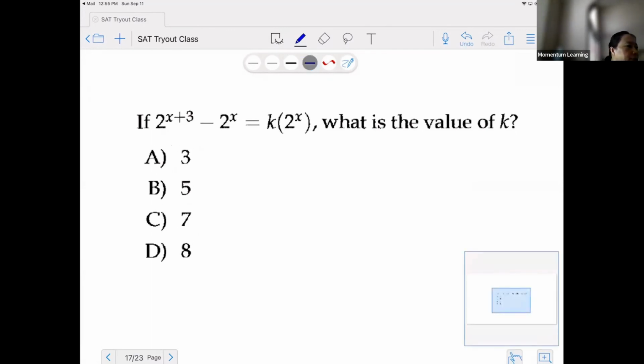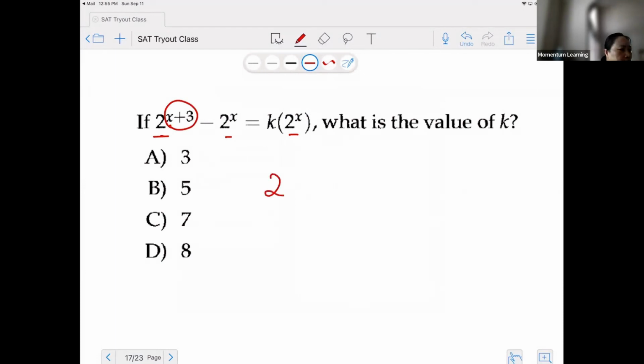Okay, let's look at this one. I have 2 everywhere. How do I find k? When I see this x plus 3, I want to expand it out. So it will be 2 to the power x times 2 to the 3. When you add the exponents, you multiply. And then minus 2^x equals k times 2^x. Now 2 cubed is what? 8.